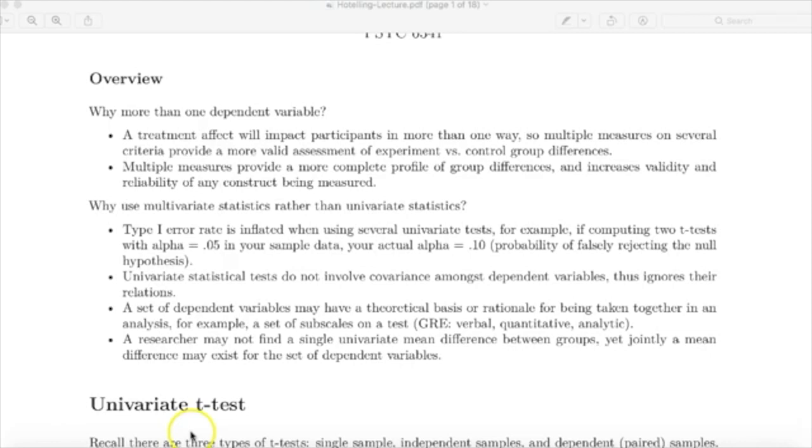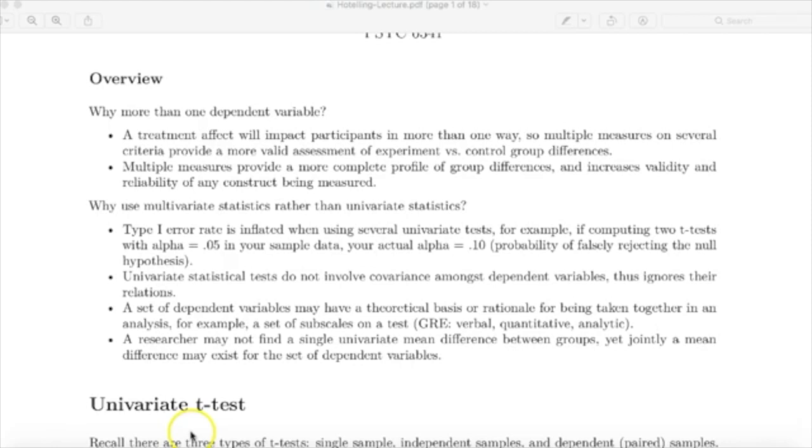I think another good reason to use multivariate statistics is to account for the correlation that you would usually have between the dependent variables. If you do an independent ANOVA for each, as opposed to doing a MANOVA, you're ignoring that relationship between the dependent variables, and you don't want to do that.